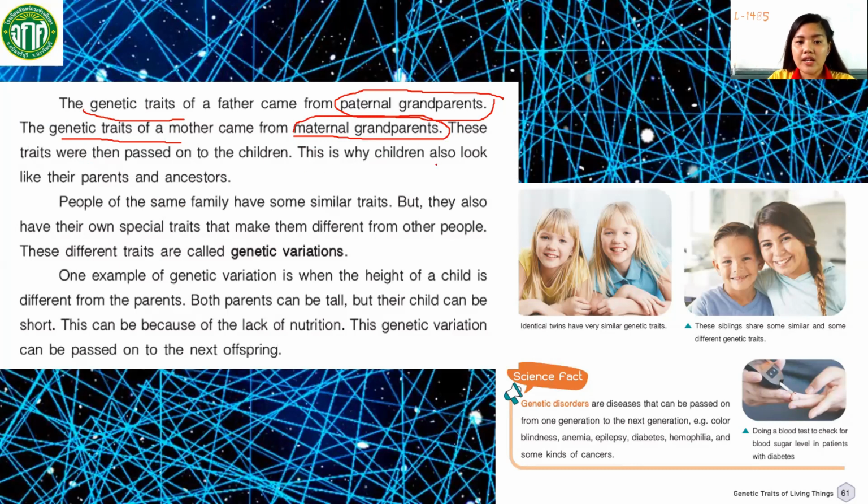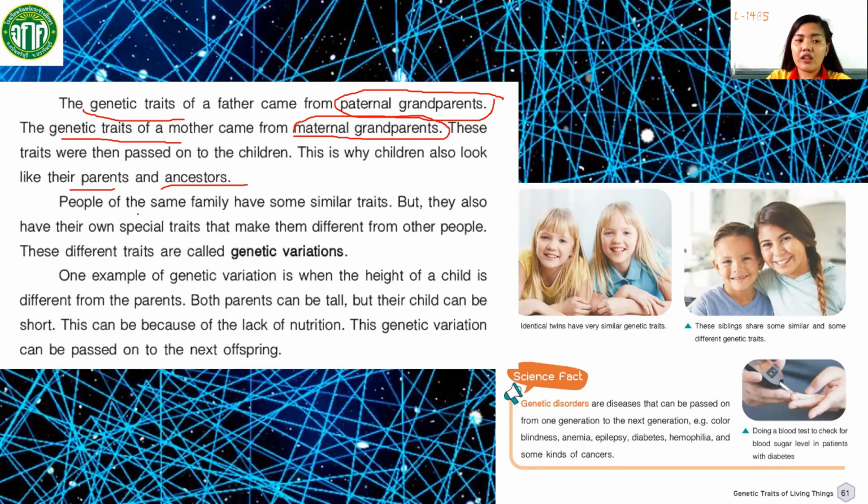This is why children also look like their parents and ancestors. That is why some people will look like their grandparents. Some people will look like their aunties and uncles, because the genetic traits will be passed on. We will be sharing those traits.